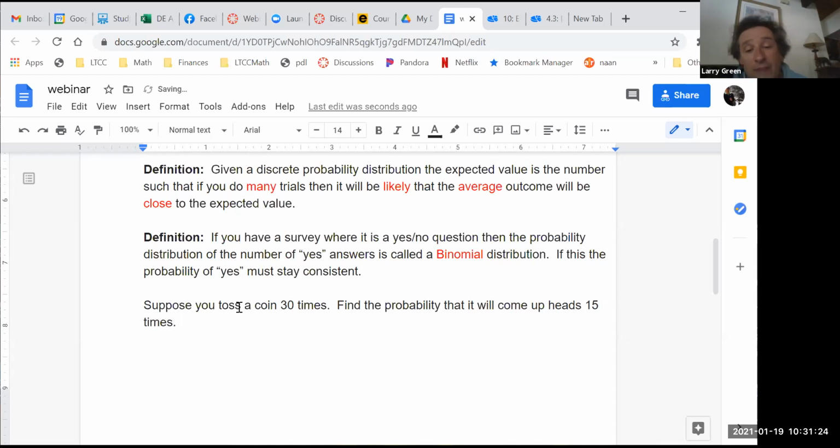By the way, the expected value of heads would be 15, right? Because if you toss a coin 30 times and you're not cheating, then your average would be 15. Do y'all agree with that? But what's the probability of it being exactly 15 times, right? You expect it to be 15, but that doesn't mean it's likely. Any questions on the question?